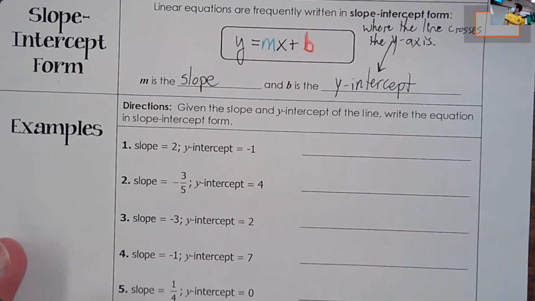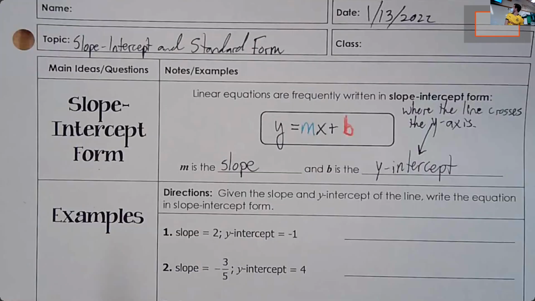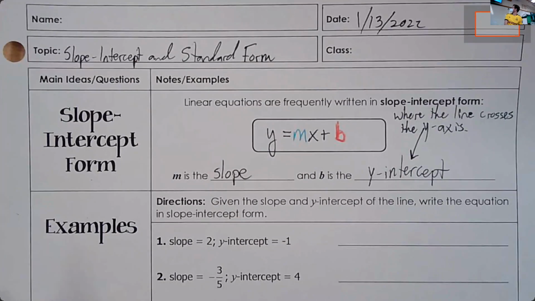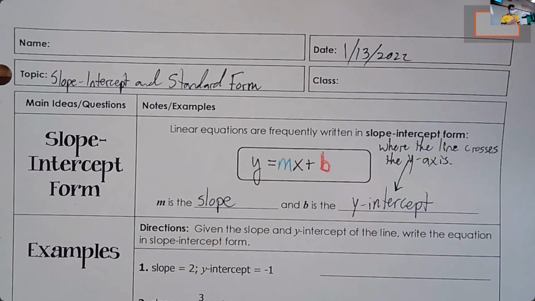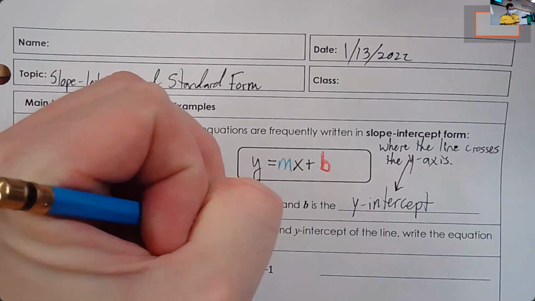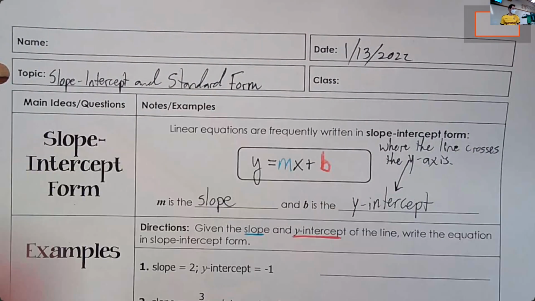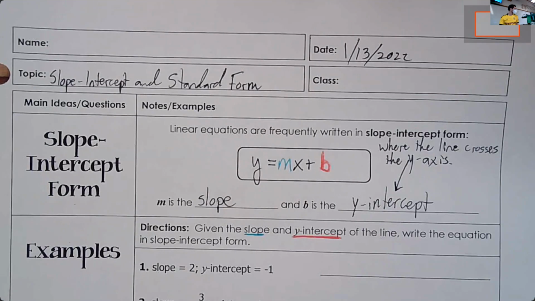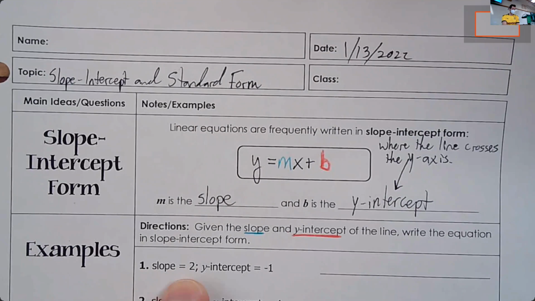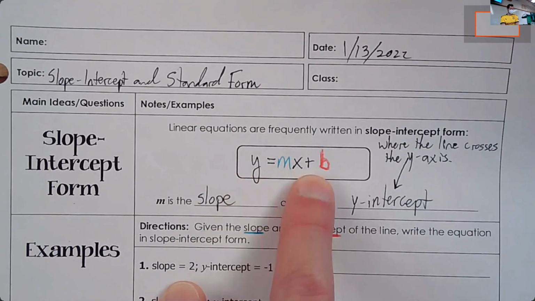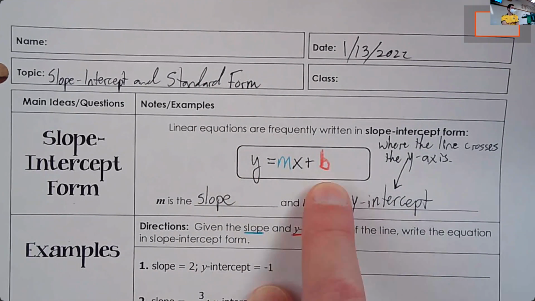So what we're going to do first is write each of these equations in slope-intercept form, given the slope and the y-intercept. All this means is that on number 1, we're going to substitute the number 2 for m into this formula, and we're going to substitute -1 for b, and that's it.